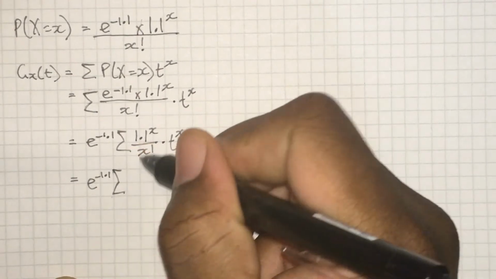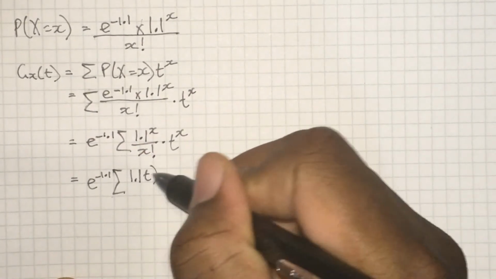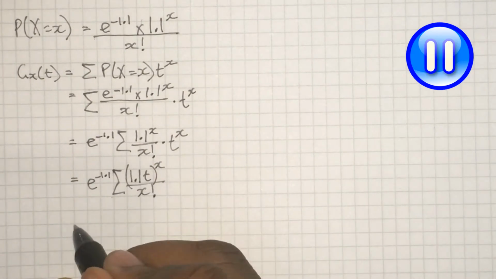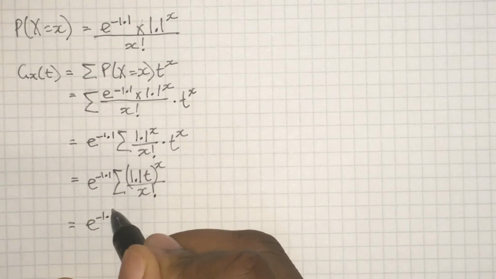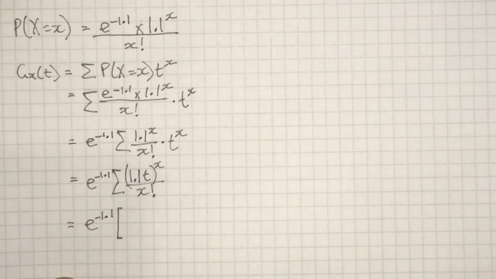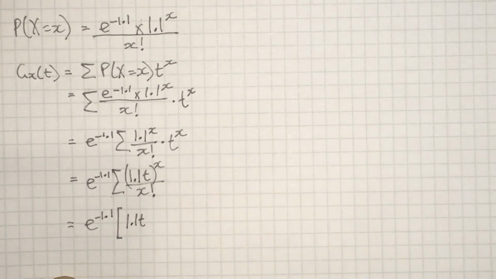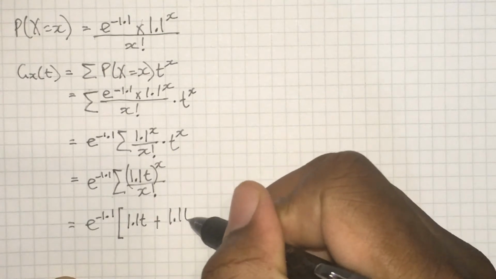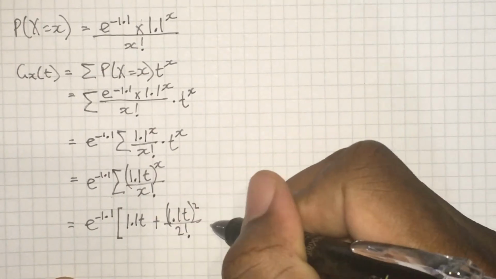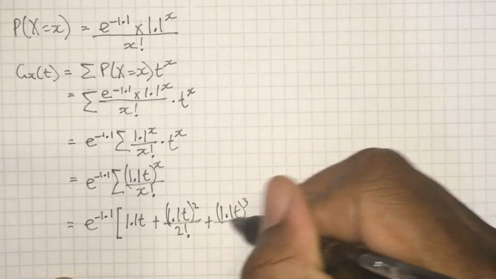So from there, I get e to the negative 1.1 multiplied by the sum of (1.1t) to the power of x all over x factorial. Okay, that's been simplified enough. Let's start substituting some x values and see what we can generate. So we substitute x equals 0, we get 1. Then after that, we'll get 1.1t, (1.1t) squared over 2 factorial, (1.1t) cubed over 3 factorial, etc.